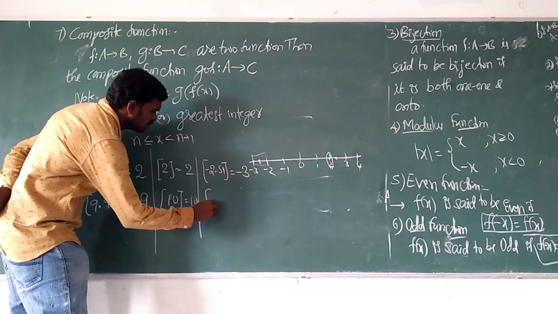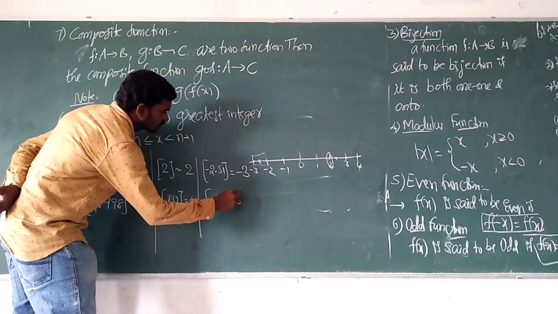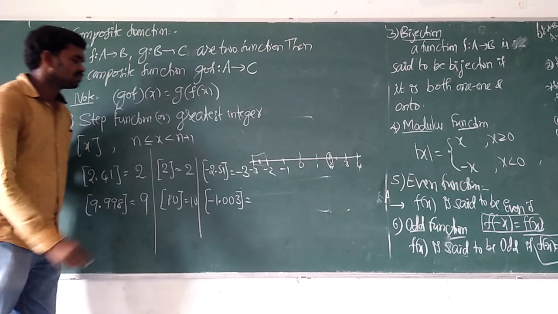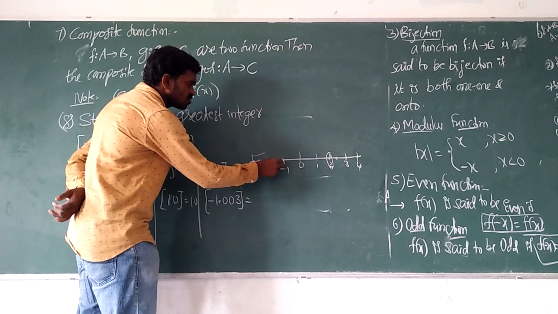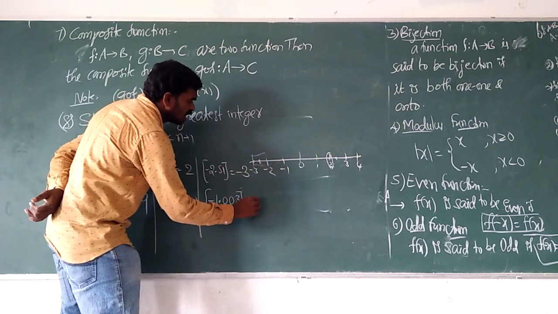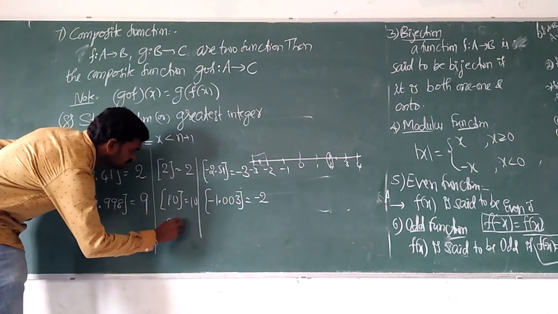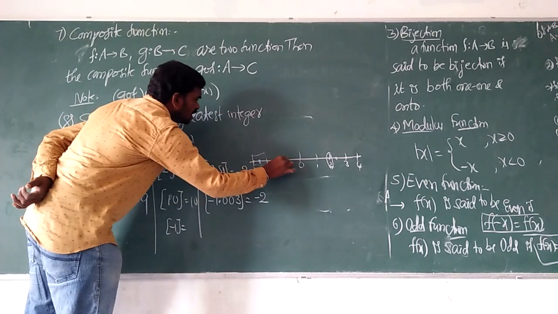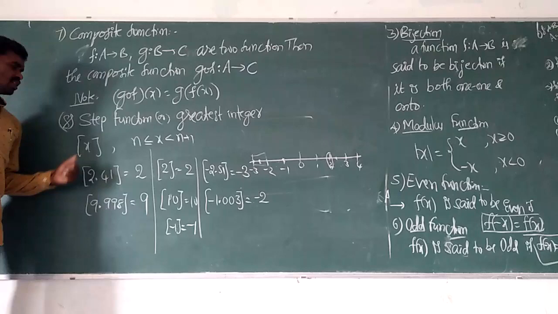And moreover, if you want one more, minus 1.003. In between minus 1 and then after minus 1.00 something, so we get minus 2 as the left hand side. So it becomes minus 2. What is step of minus 1? Minus 1 is itself an integer, so we can write minus 1. So this is step x.